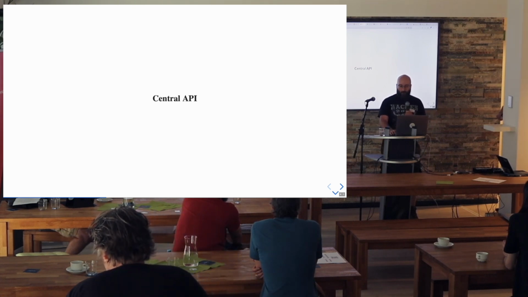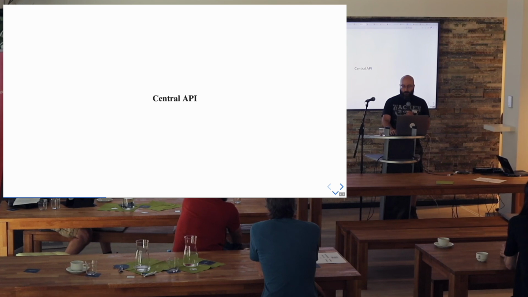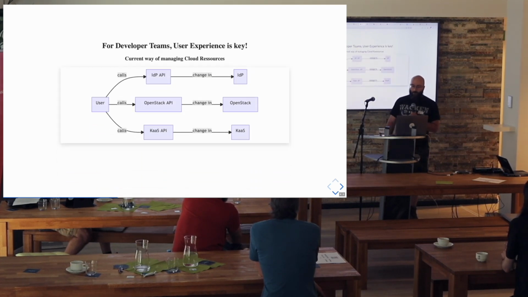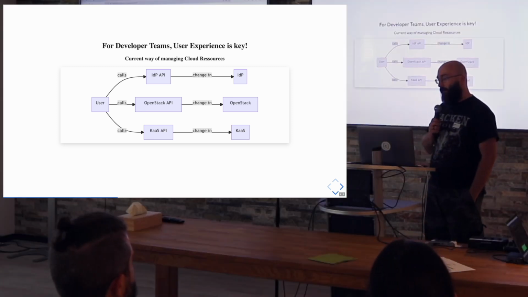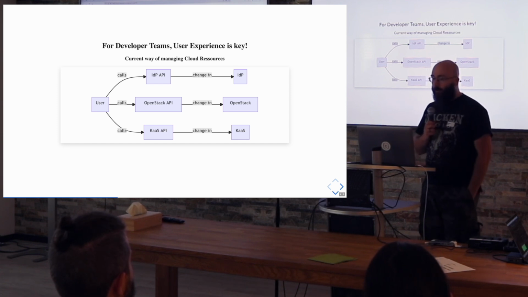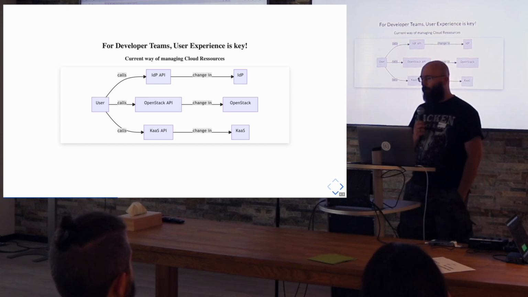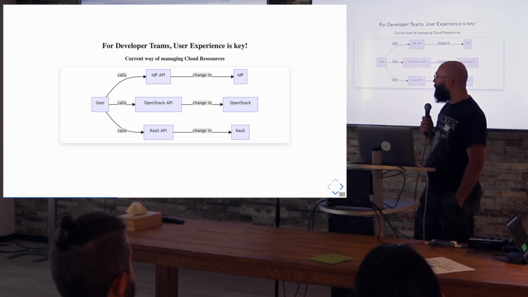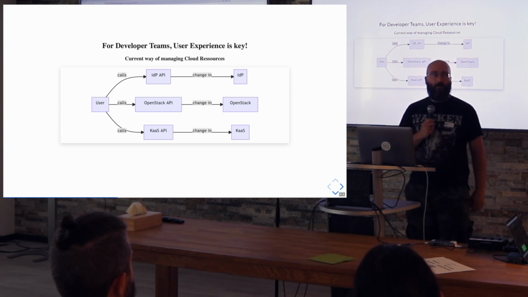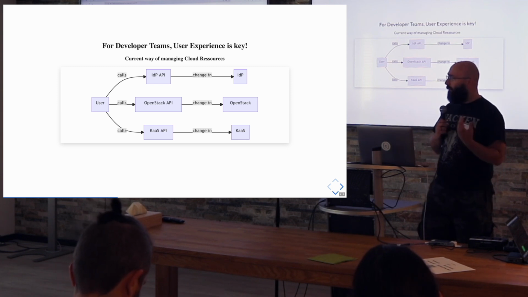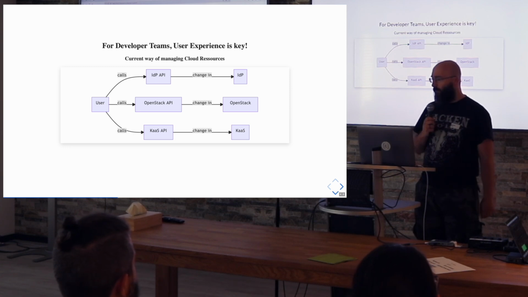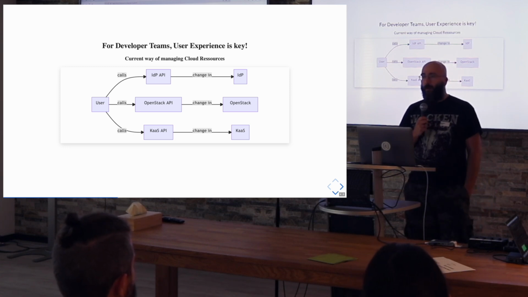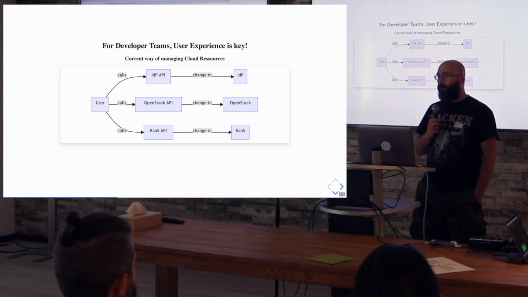Our approach is that we have developers in mind, the end customers of a cloud. And therefore, we say for developer teams, the user experience is really the key. Currently, if someone is using a cloud, there are several components that need to be managed, like identity management that we heard about, OpenStack resources like VMs, networks, etc., or Kubernetes clusters.